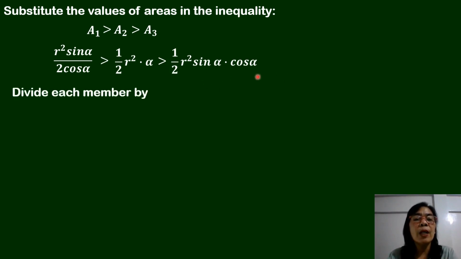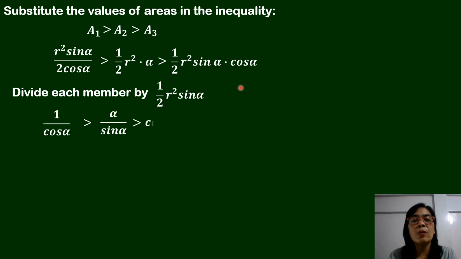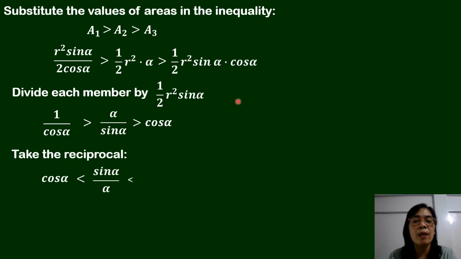So if we divide each member by 1/2 R squared sine alpha, this now becomes 1 over cosine alpha greater than alpha over sine alpha, which is also greater than cosine alpha. So taking the reciprocal of the inequality, we now have cosine alpha is less than sine alpha over alpha, which is less than 1 over cosine alpha.